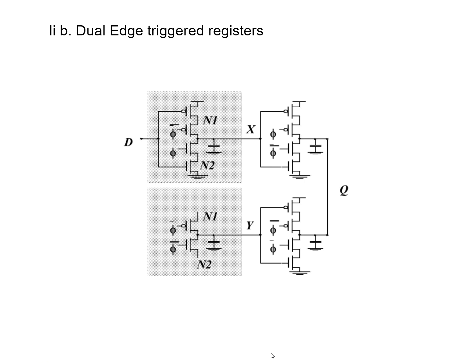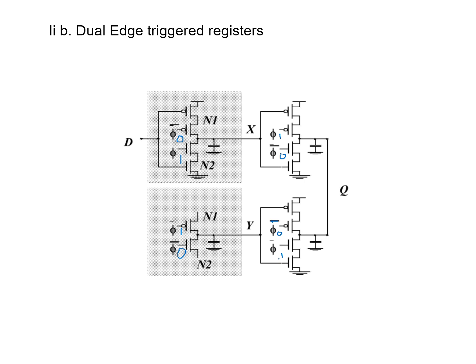Now let us consider when clock is 1. Here your clock bar is 0, here it is 1, and then your clock bar is 0. Here this is 1, and this is clock bar, hence this is 0 and this is 1.